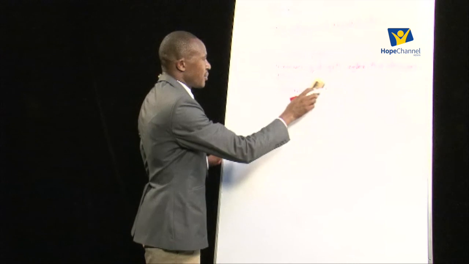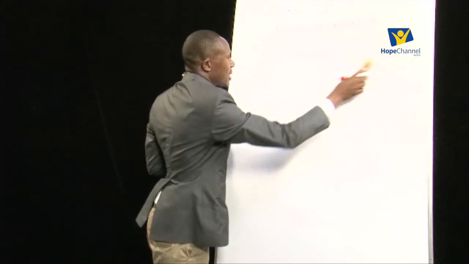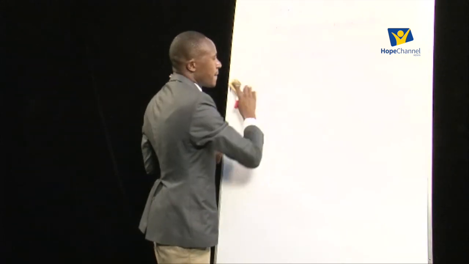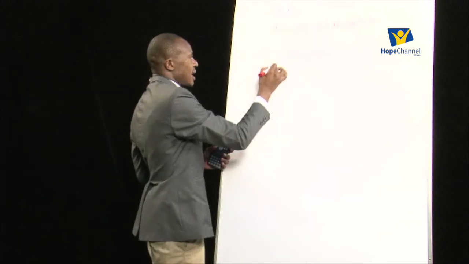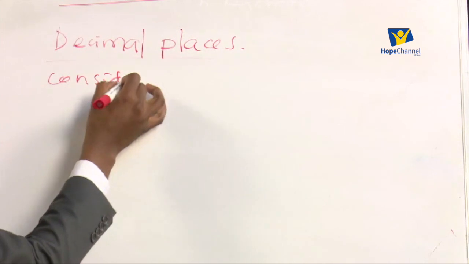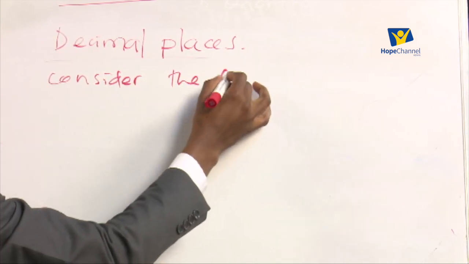Let's do an example of writing numbers in decimal places. We consider a rectangle. Consider the figure below.